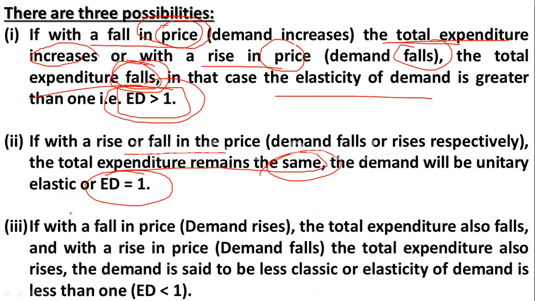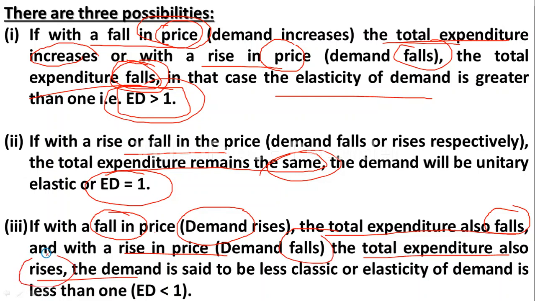The third possibility is if with a fall in price, the expenditure also falls, and with a rise in price, the total expenditure also rises. When the price of the good falls, demand will rise, but the expenditure will also fall because the price has decreased. And when price rises, demand decreases, but the total expenditure will rise because of the rise in the price. So in this case, elasticity of demand is less than 1. So these are the three possibilities.